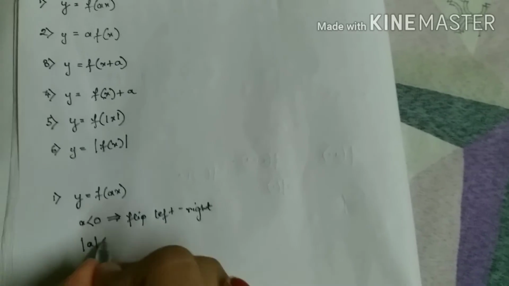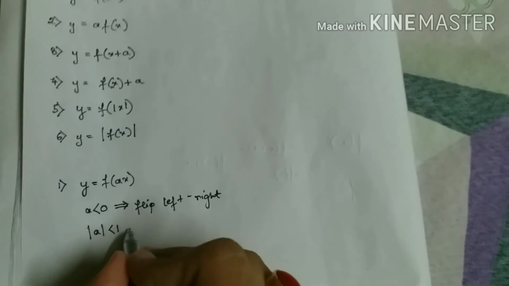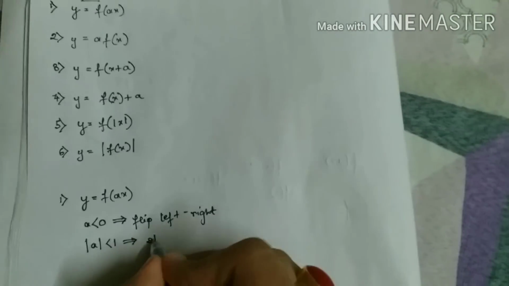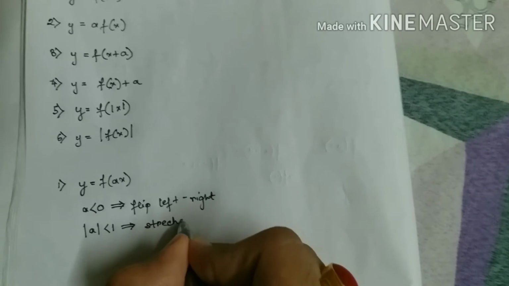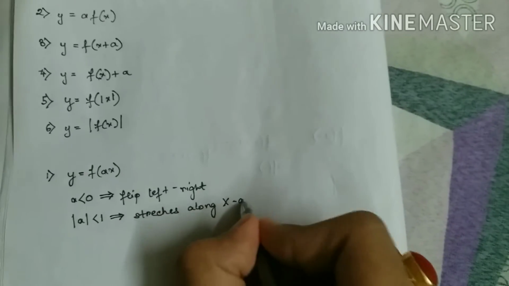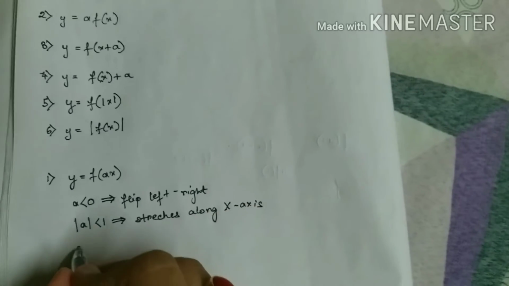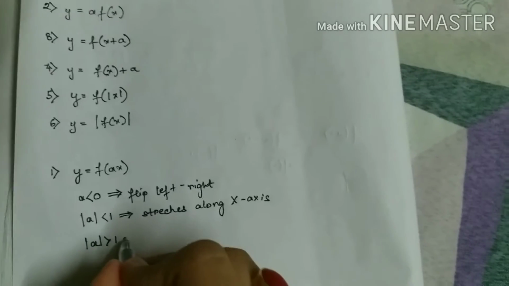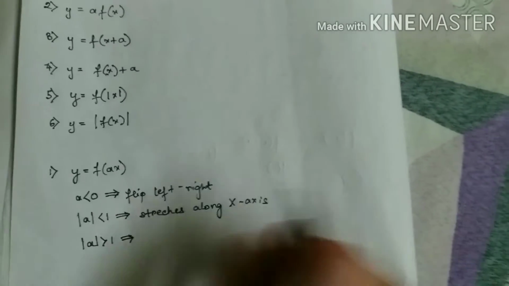If mod a is lesser than 1, that means the graph will stretch along the x-axis. And last case, if mod a is greater than 1, then the graph will get compressed along the x-axis.